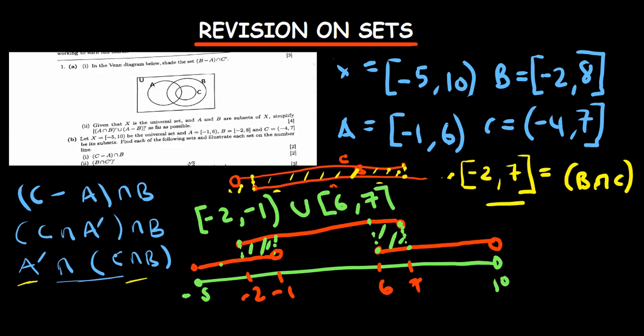So you would have found what they're asking for, because they say find each of the following sets and illustrate each on the number line. You found the interval, then you can illustrate this on a number line. You can draw it separately now.